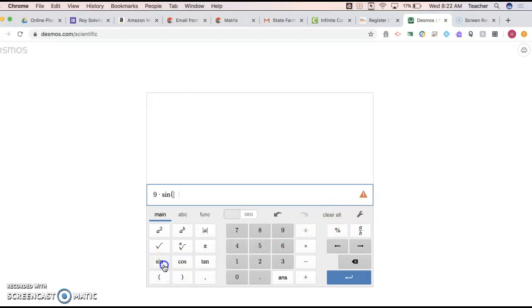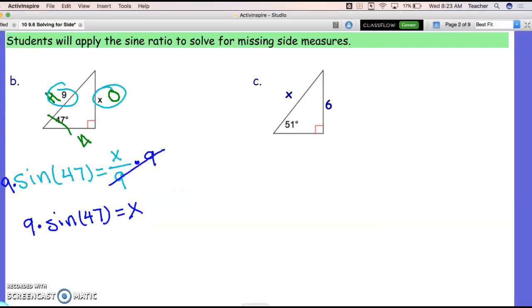Again, sine is over here on the left. And it tells me that is equal to 6.58. So when I write it with one decimal, since the second number after the decimal is bigger than a 5, I'm going to round that up to 6.6. So my missing side length is 6.6. How cool is that? Trig is so fun.